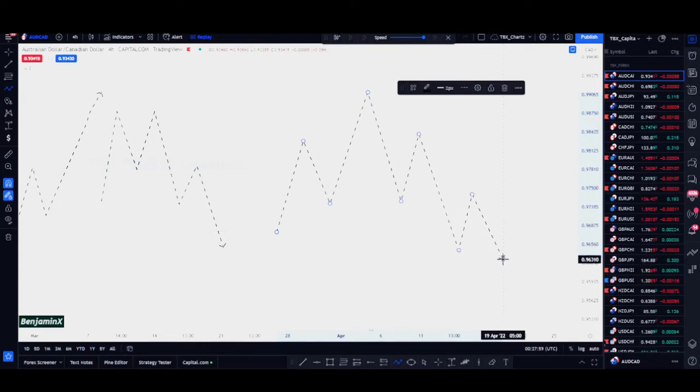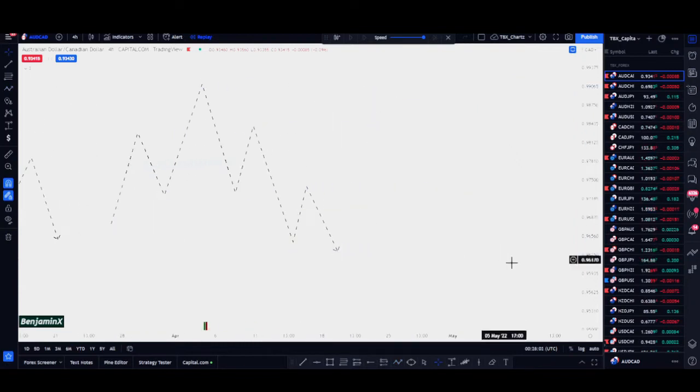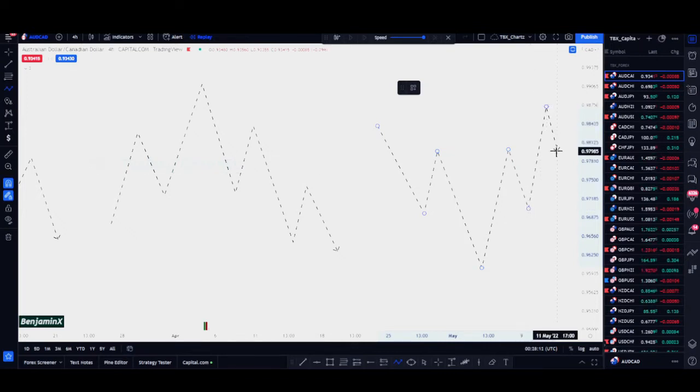And we have the inverted head and shoulders. So it is basically just two different patterns, but because of the normal pattern and the inversion, you can just call it 4.